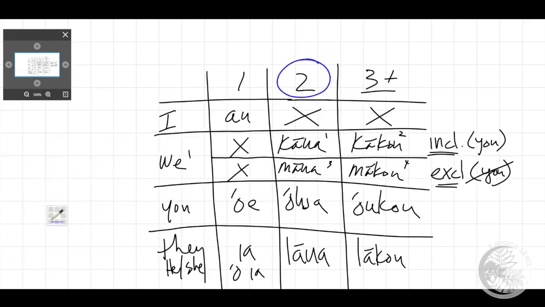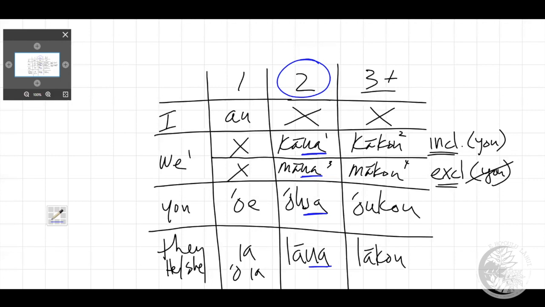Anytime I'm talking about the number 2, you should pay attention and realize all the words end with the sound ua. So if you get confused between the numbers in the pronouns, remember it all ends with ua, just like elua.